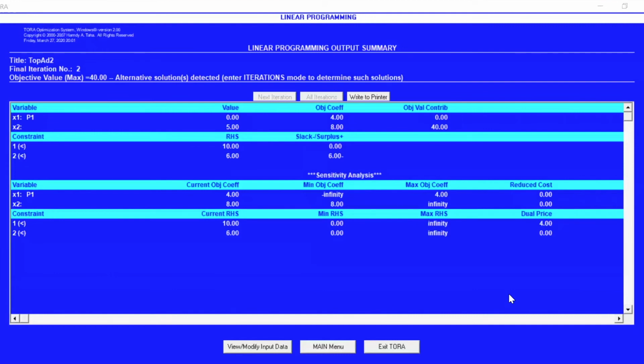Solving the maximization problem, we found that the maximum number of viewers we can reach is 40,000, when we have 0 minutes of radio and 5 minutes of TV commercial.